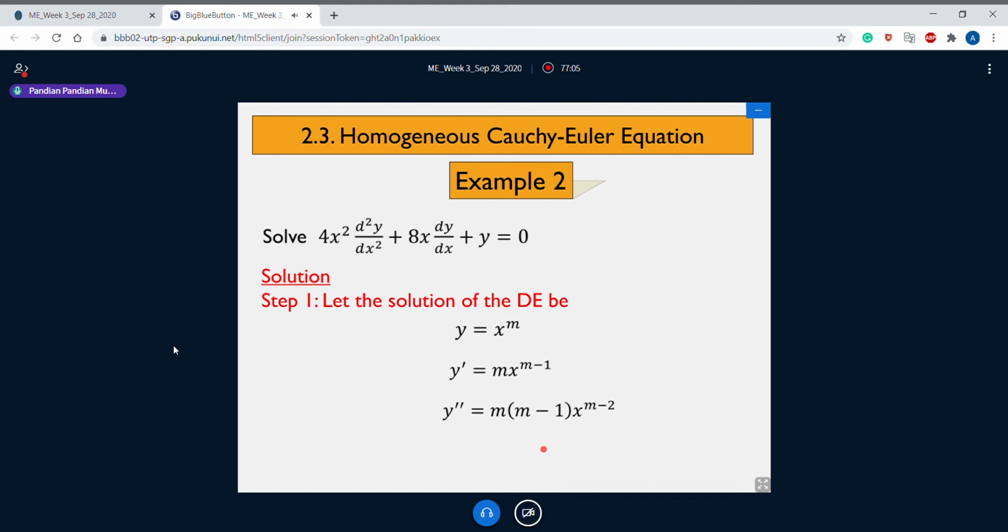You match that with 4x² d²y/dx² plus 8x dy/dx plus y equals 0, which is a homogeneous Cauchy-Euler equation. You must clarify that first. Very clear. If it's not in this form, then you cannot use A m squared plus (B minus A) m plus C equals 0. So your auxiliary equation is 4m squared plus 4m plus 1 equals 0.